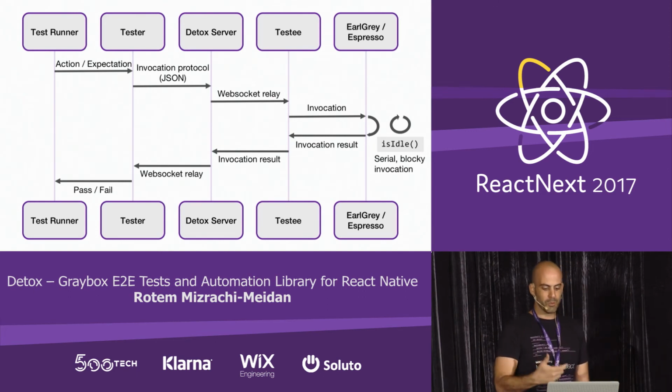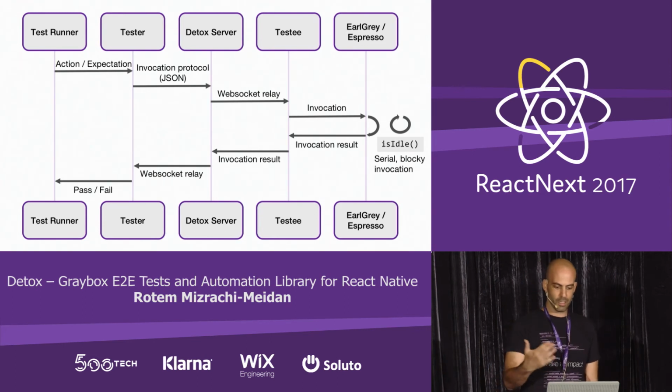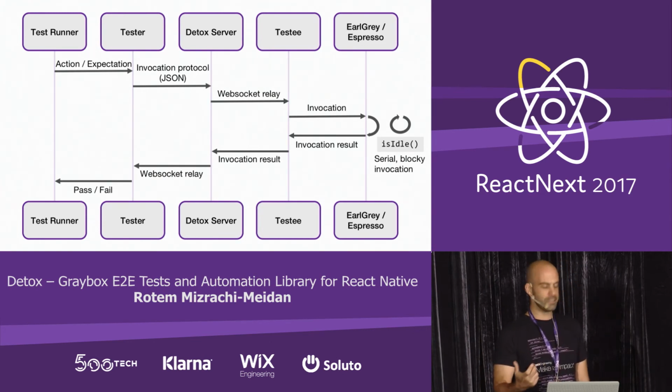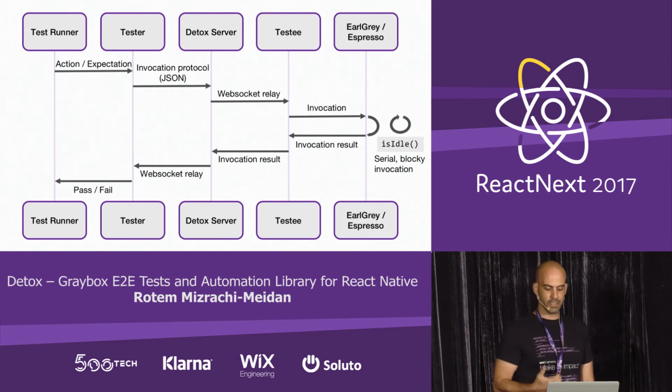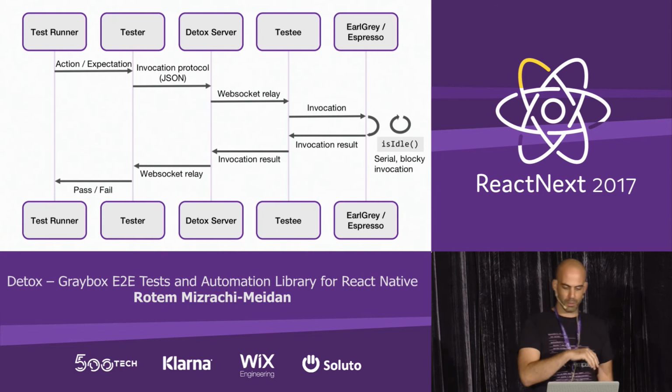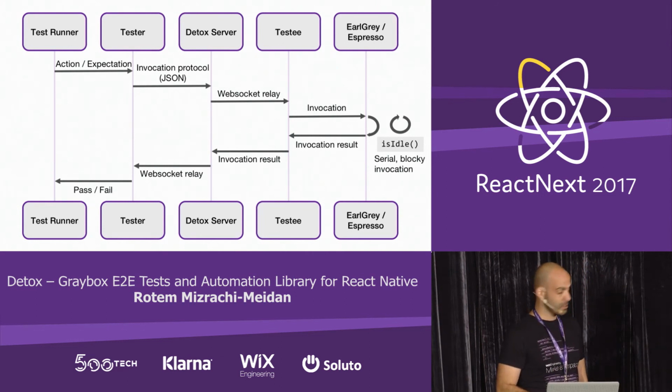It is then relayed through a WebSocket server to the testee. This is the device. This action and expectation is invoked through method reflection, but it will only execute when the app is idle. This invocation result is sent back through the WebSocket, and then the tester resolves or rejects the expectation promise.